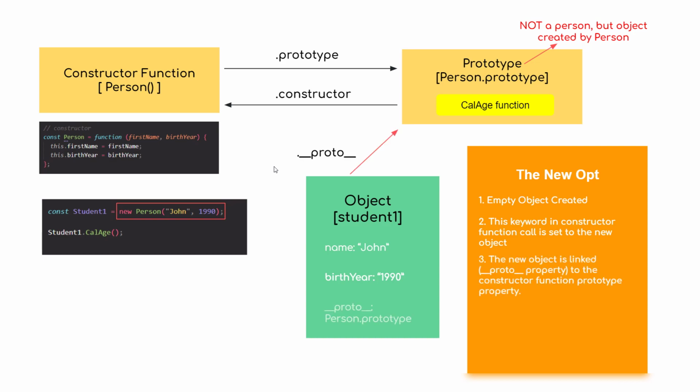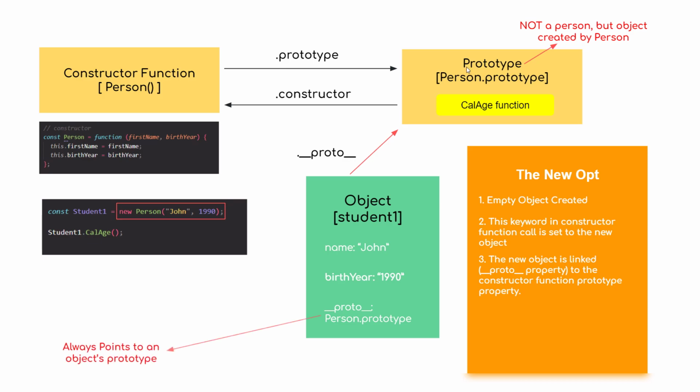Once we have done that, we have seen the __proto__ and Person.prototype key and values assigned inside our object. Once this is assigned, it is linked with the prototype property of the Person. So this is the third step: the new object is linked with the __proto__ property to the constructor function's prototype property. So this is our constructor, and once you create the constructor, it creates the Person.prototype property, right?